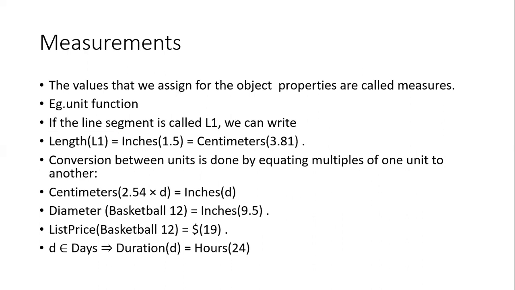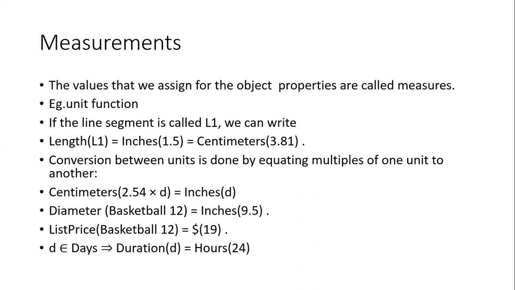Next, we are going to see measurements. The value that we assign to each property is called a measurement. For example, for a football, the diameter should be 10 centimeters, so we assign a value to it. Here the length is given as 1.5 inches, or 3.81 centimeters.